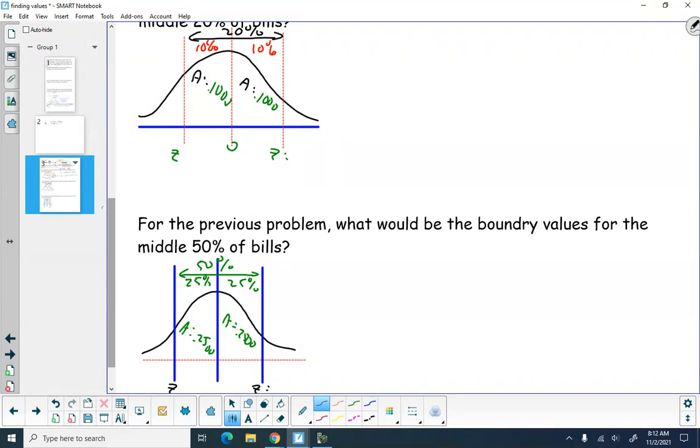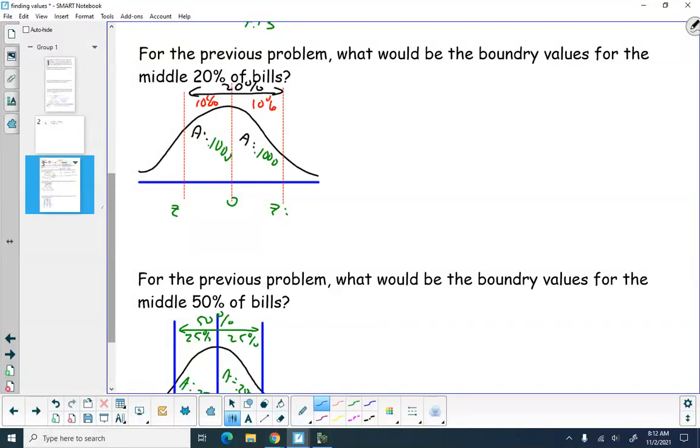If we look at the first one, the middle 20%, the Z table value that we're going to use is going to be what, Skylar? Just give me the Z values. What's the Z value for the 0.1000?